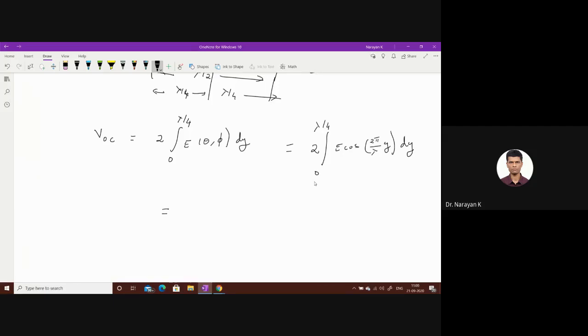Right now we'll continue with this integration. So 2 times E. If I were to integrate this with respect to dy, this will be sine of 2 pi by lambda into y divided by 2 pi by lambda. Is it the correct integration?